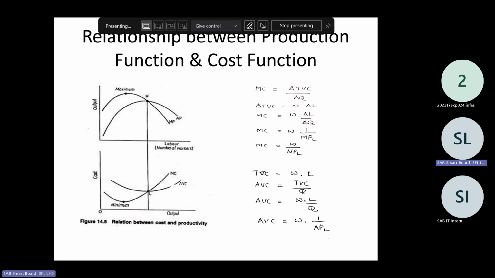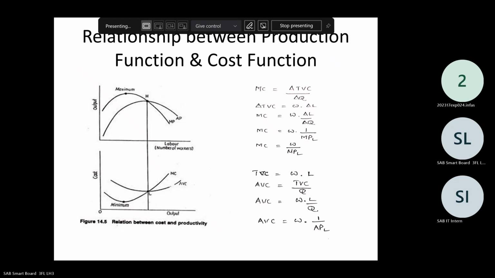If you rewrite this, what is delta TVC? Changing variable cost, that means changing labor times the price we pay for the labor, how much we pay for the labor.